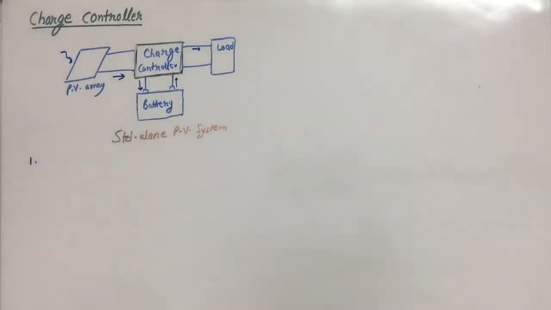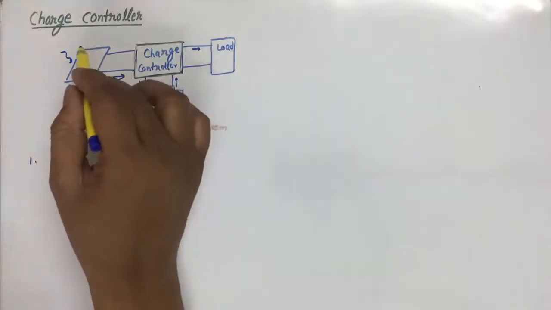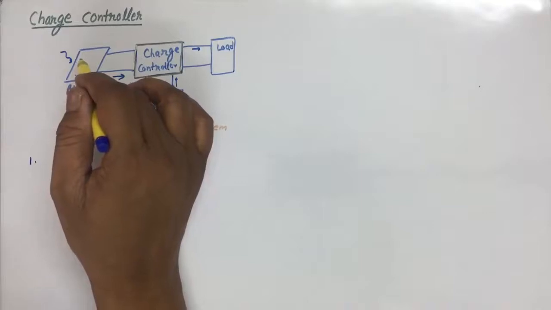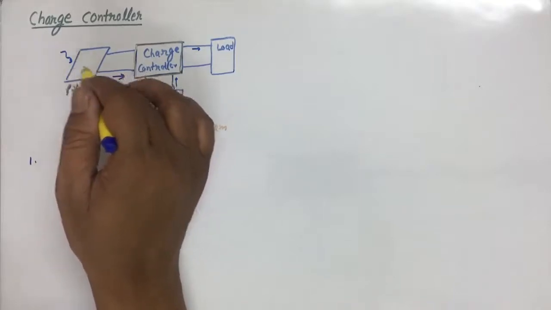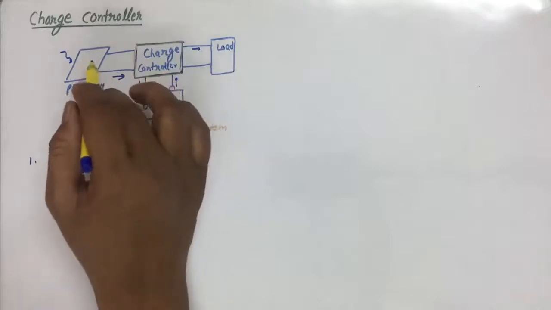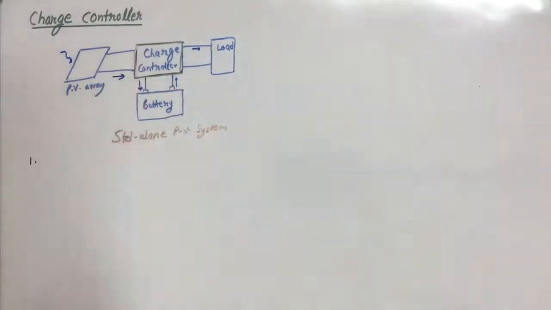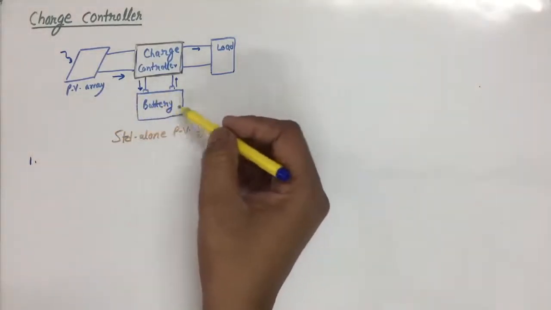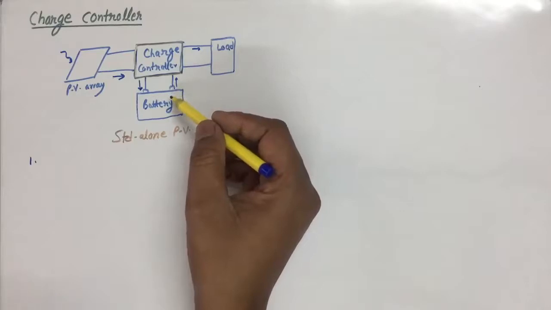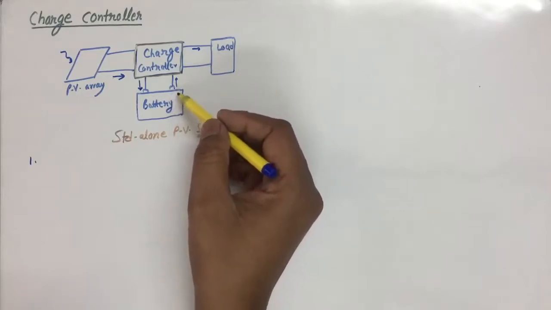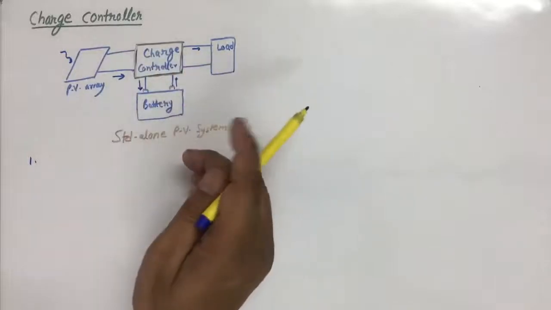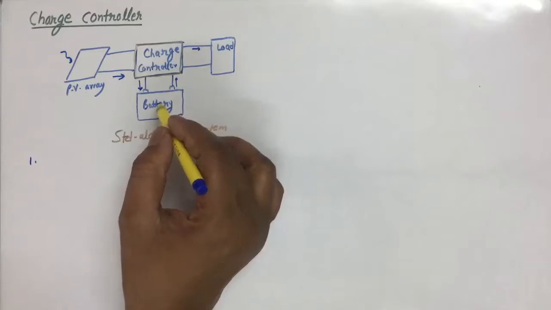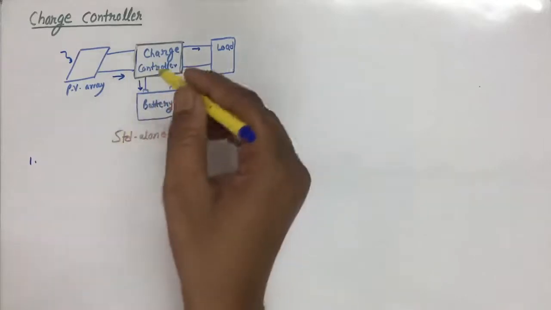So the first function: when the sun's radiation is at its peak, a huge amount of radiation is coming to the panel and the energy generated is in excess. In that case, excess energy is sent to the battery, and if the battery is fully charged and the PV is still connected to the battery, then it will overcharge.